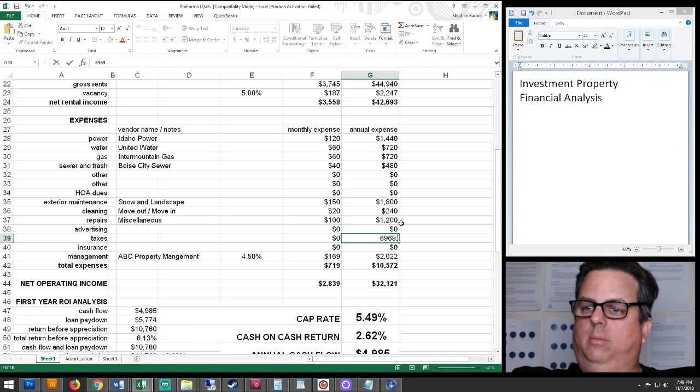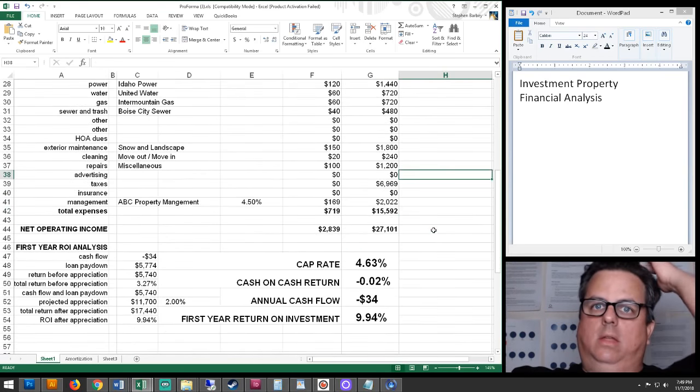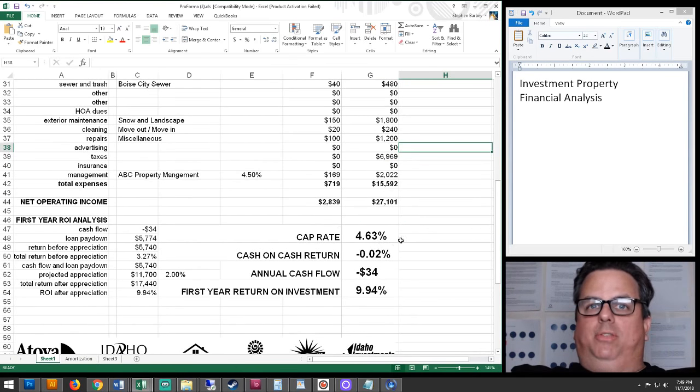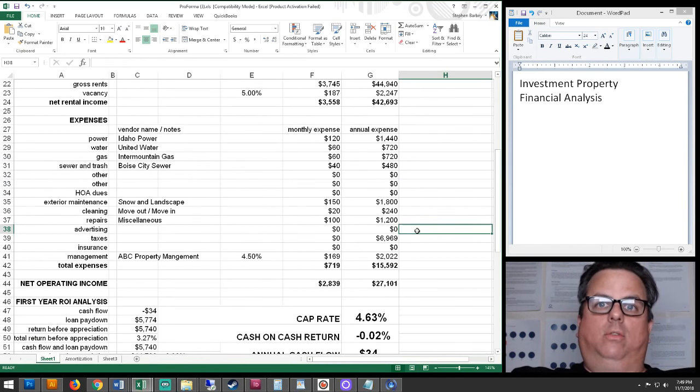Then we can see our cap rates getting worse and our cash returns getting negative. So the property is beginning to not look very good when we plug in some basic numbers.